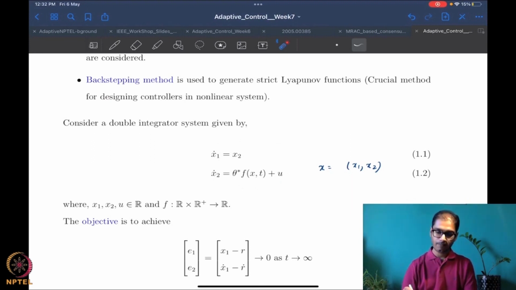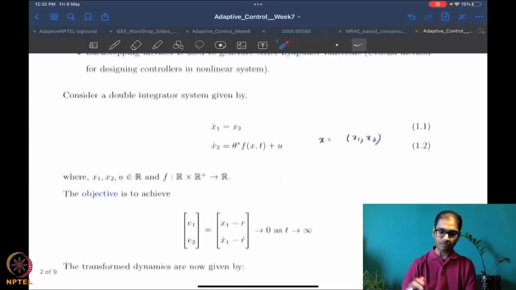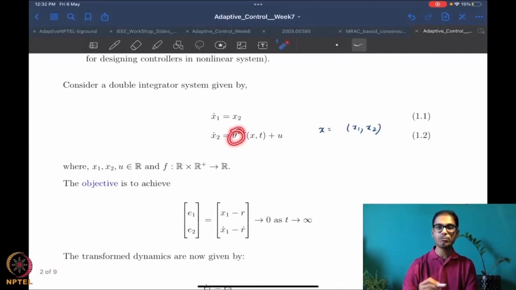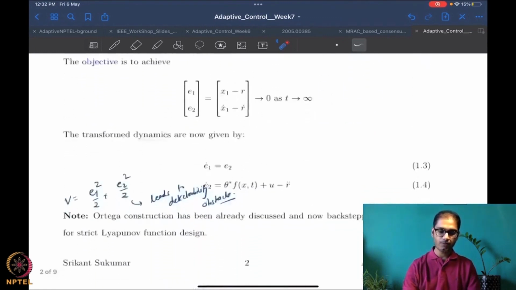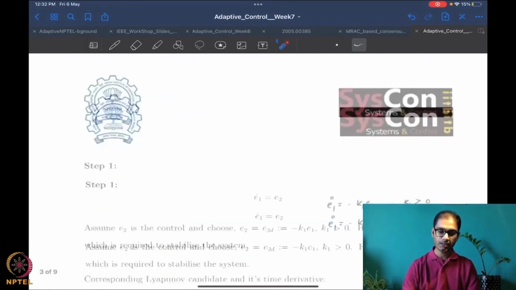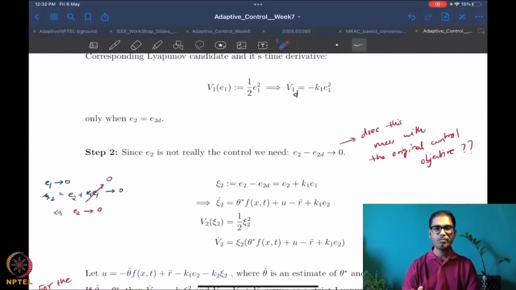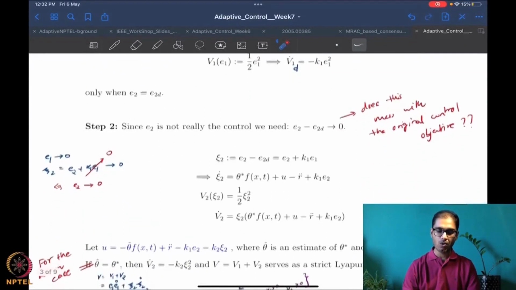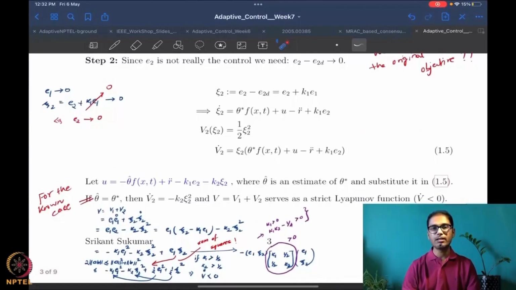However, the parameter was assumed to be known, and therefore we were simply doing a standard nonlinear control backstepping design. I hope that what we did in the previous session gave you a pretty good idea of how backstepping control design looks.